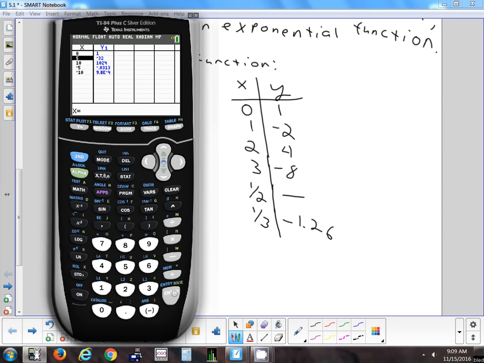0, you get 1. 1, you get negative 2. 3. But then try 0.5. Okay, there's an error, you can't do it. 0.6. Now 0.6 you can do because as a fraction that is 3/5, an odd denominator. 0.8, I can do that.